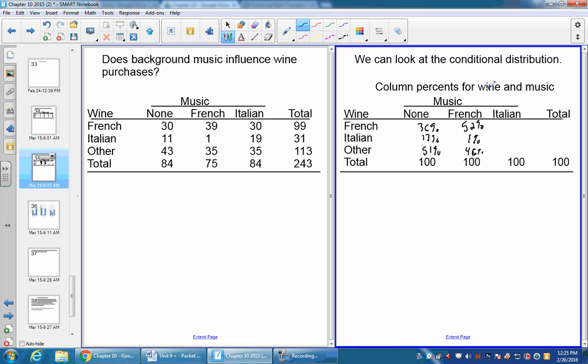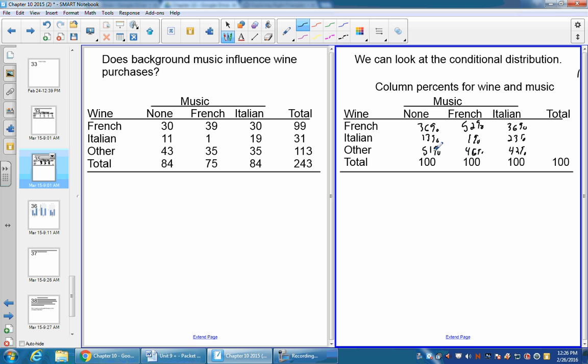Now Italian, we do 30 over 84. That's about 36%. And then 19 out of 84 is 23%. And finally, 35 out of 84, so that's about 42%, 41.6, 42-ish.